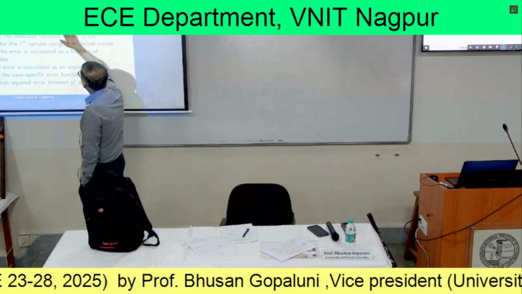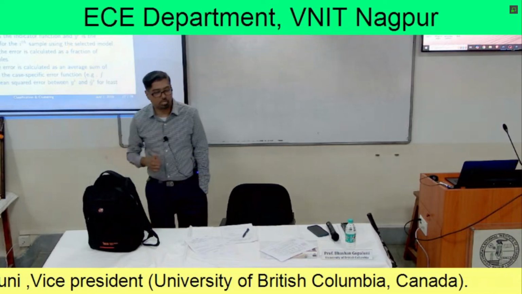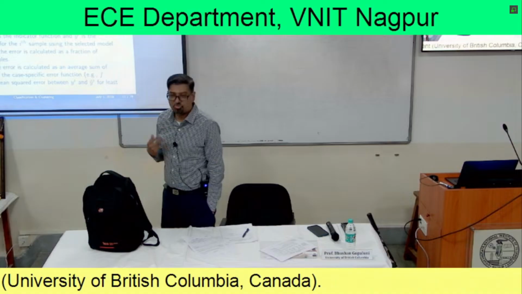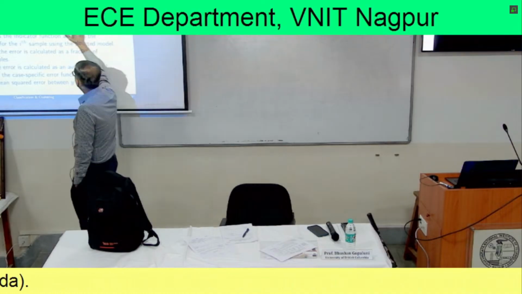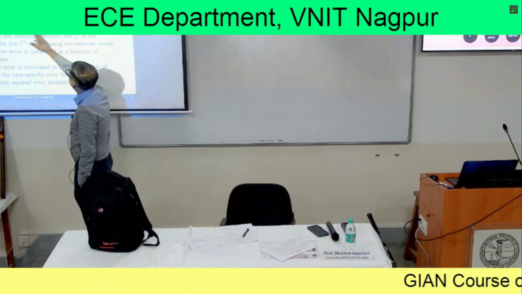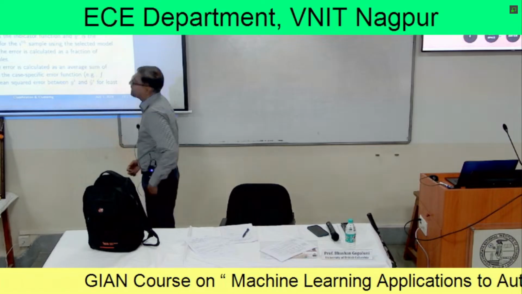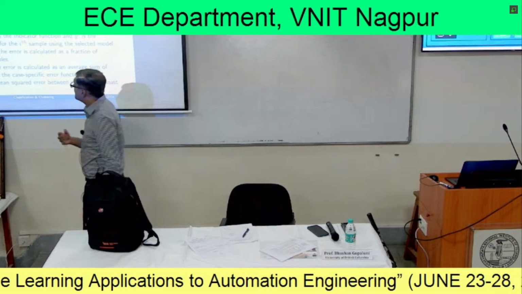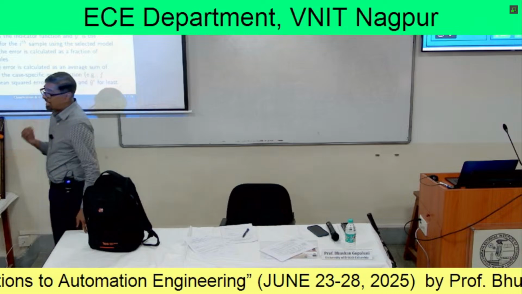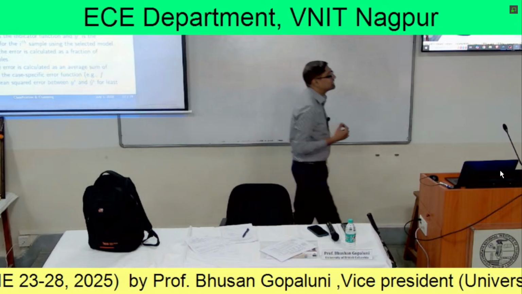Now, if you have a regression problem, I'm going to get to regression a bit later. We will first cover classification, clustering, dimensionality reduction, and in the end, I'll get to regression. If you have a regression problem, you have a different error rate. But the point I want to make here is that when you train your models, or when you validate or test your models, you have to have some way of assessing the quality of your model.